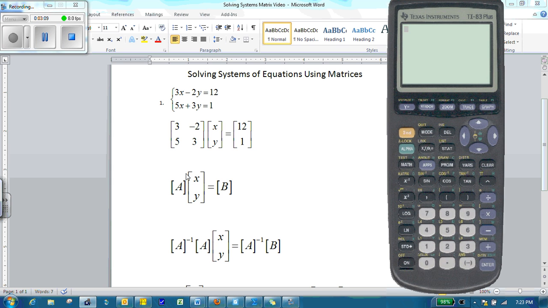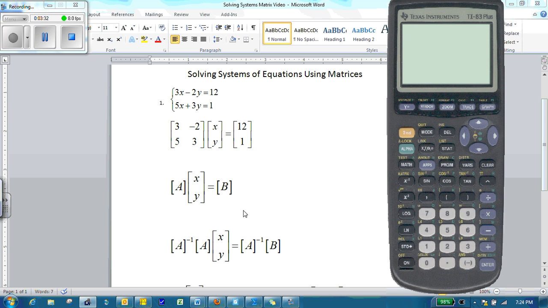So we need to get rid of, somehow, matrix A. Well, if this was a number, we could simply divide both sides by A, but this is not a number, it's a matrix. And the way we deal with this matrix A and try to get rid of it is we multiply it by its inverse matrix.